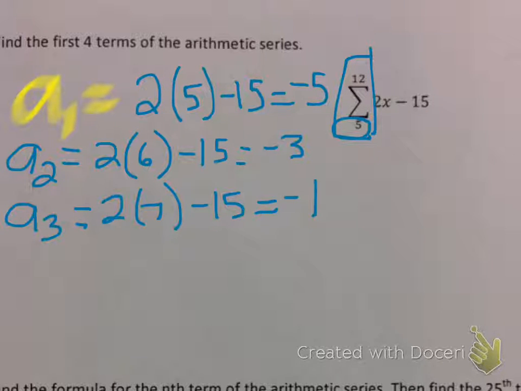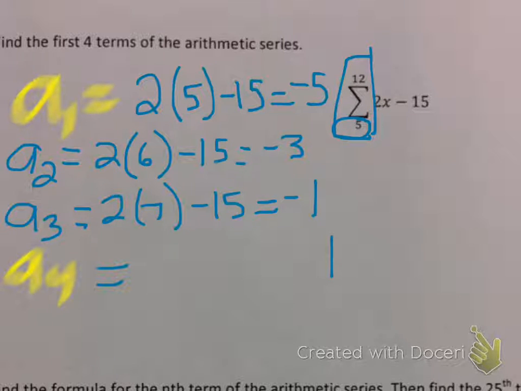By now, I hope you can see that there's a pattern in these numbers right here. We knew there was going to be. We knew that they were arithmetic, so we knew that there was going to be a pattern anyways. But that pattern that we found is add 2. So if we wanted to just find our A4 value by just adding 2 to the negative 1, then we know that our A4 value will be 1.